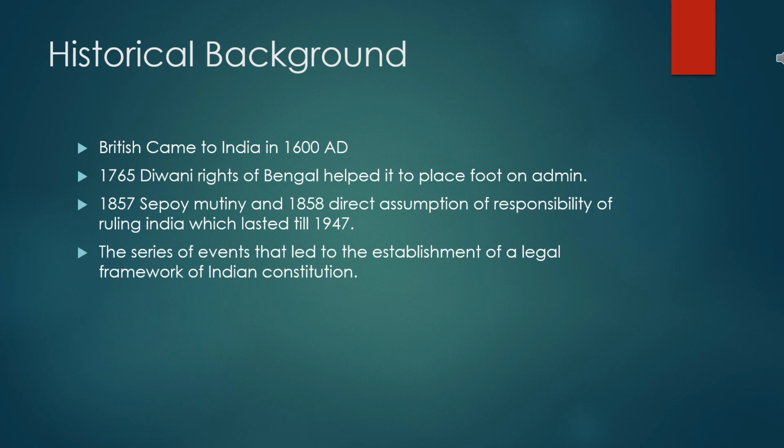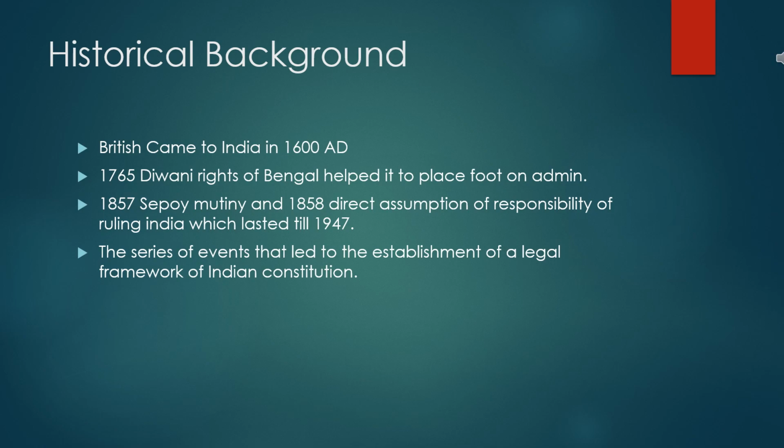The British came to India in 1600 as traders in the form of the East India Company, which had the exclusive right of trading in India under a Charter Act granted by Queen Elizabeth I. In 1765, after getting the Diwani rights of Bengal, the East India Company went from being a trader to an administrator.